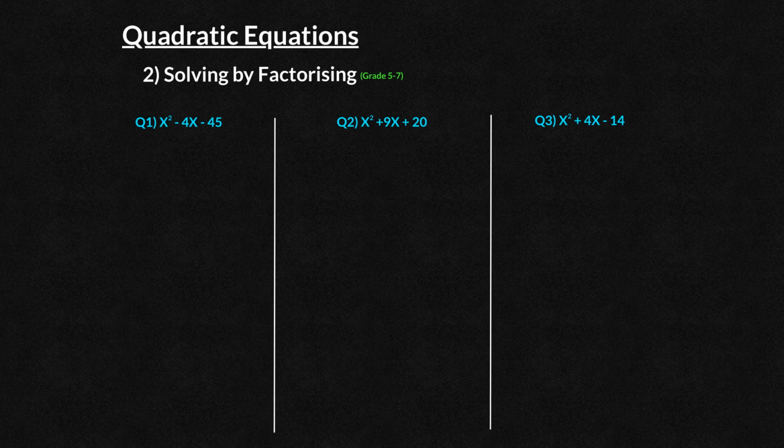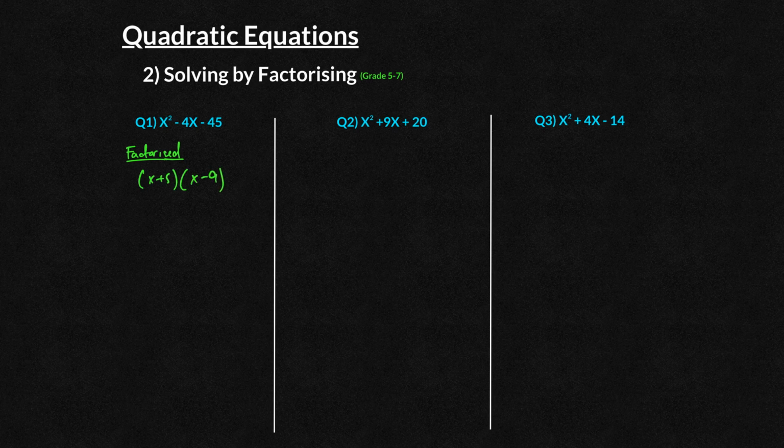So just to speed things up, I'm going to use the answer that we just previously got because they're exactly the same questions. So my factors should be factorised. Factorised was x plus 5, x minus 9.